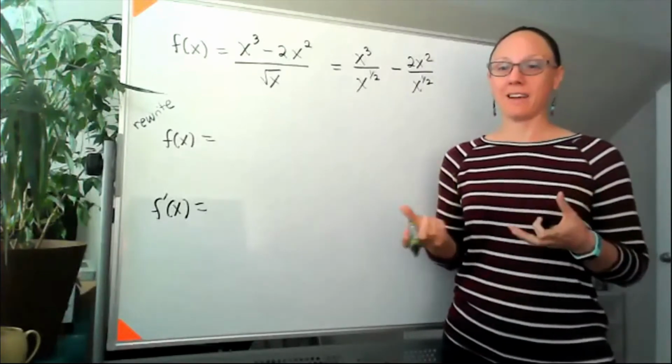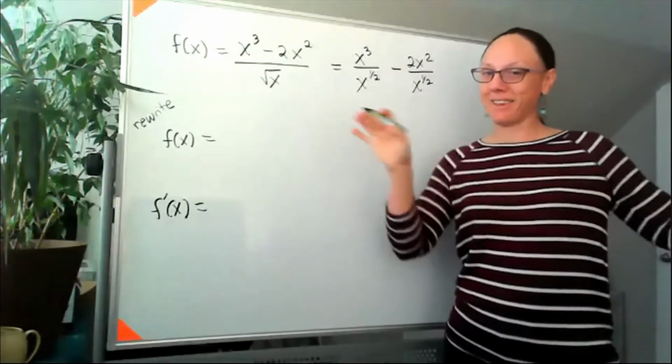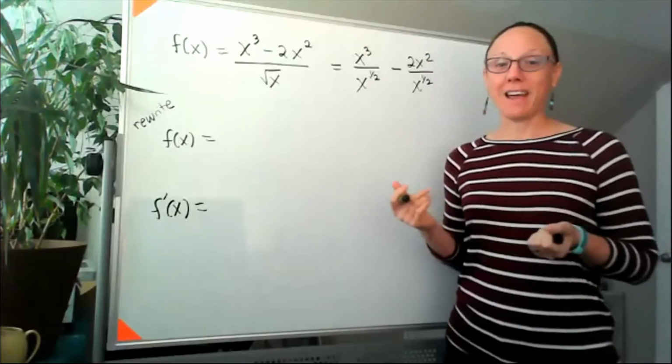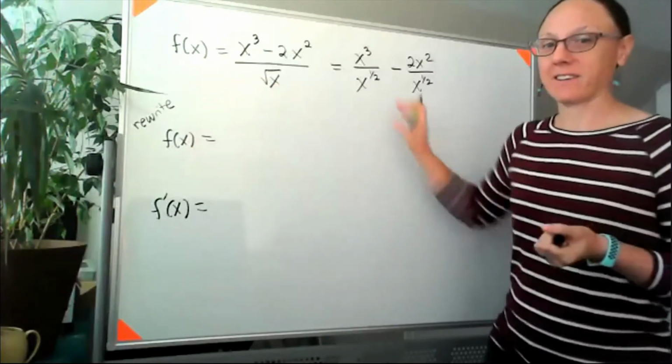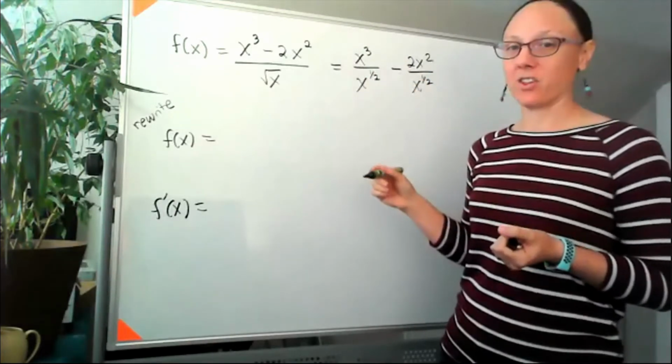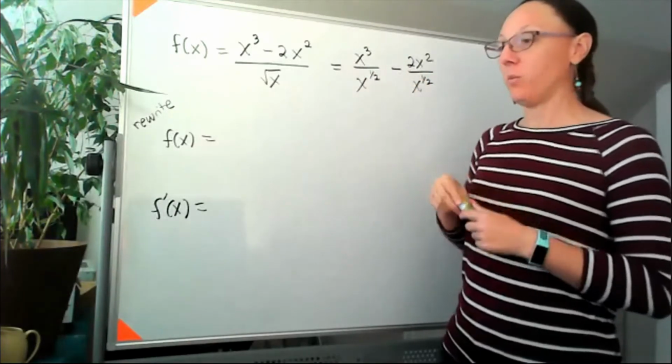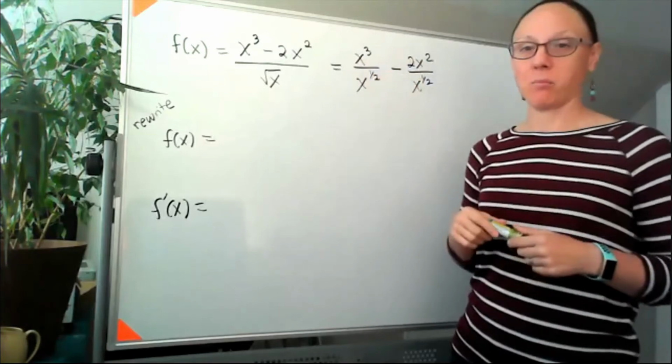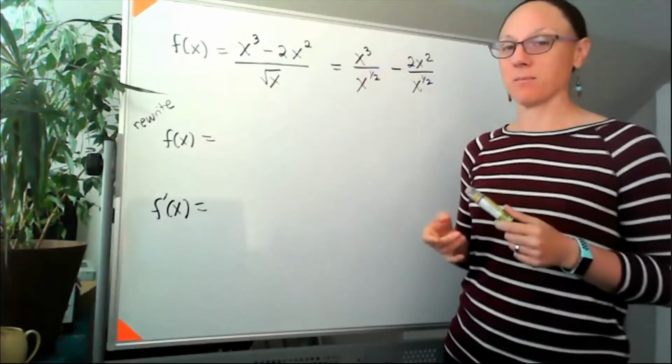Now I can use my exponent rules and fractions, because we love fractions. I can use my exponent rules to rewrite f of x. So this first one, x cubed over x to the 1/2, when I'm dividing two things that have the same base, I'm going to subtract those exponents.